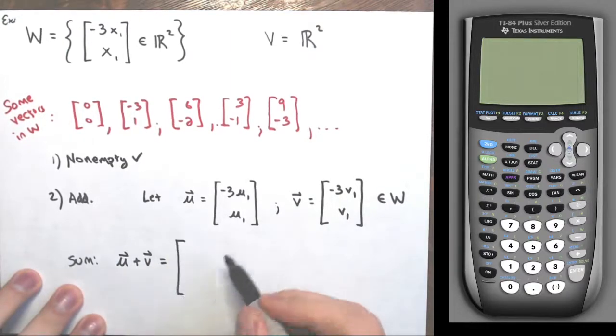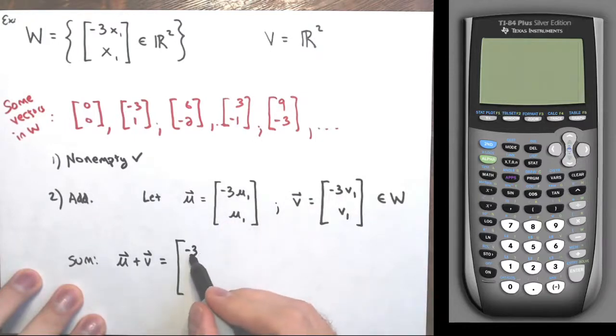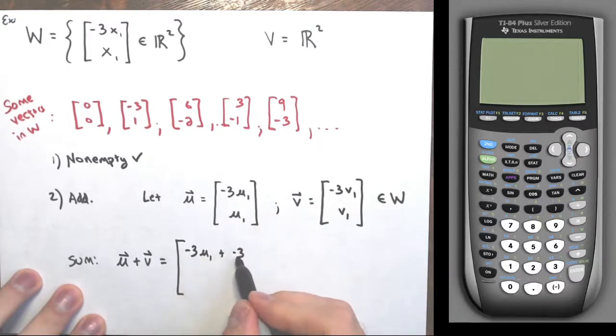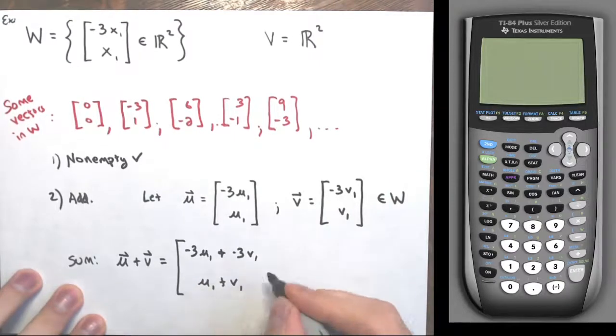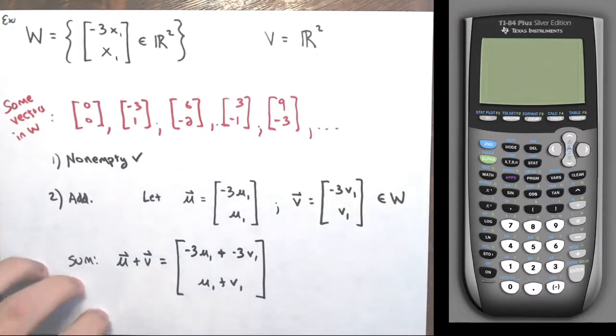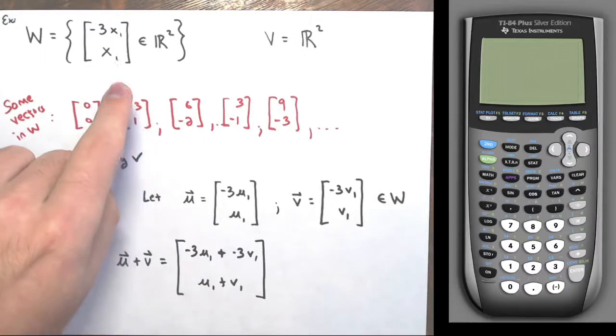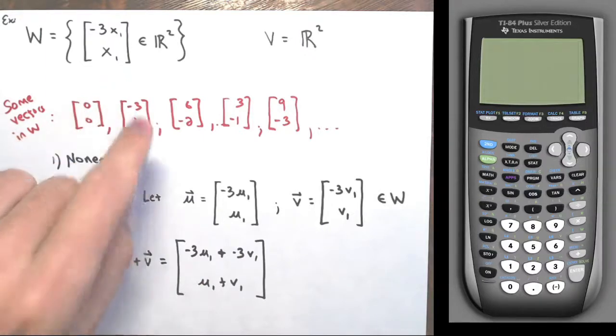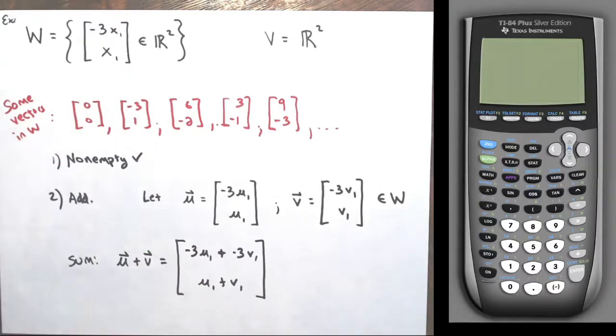And again, we're doing standard vector addition, so negative 3u1 plus negative 3v1. Really, you could just write minus 3 times v1, and then u1 plus v1. And then the question is, does this sum have the same form that all the vectors in W do? Is the top component negative 3 times the bottom component?